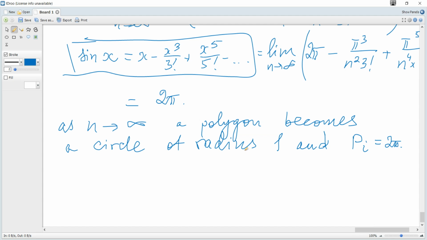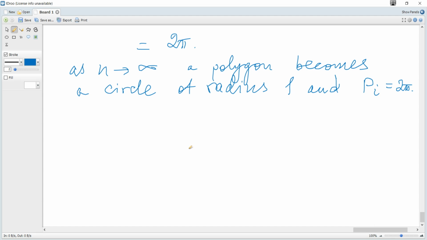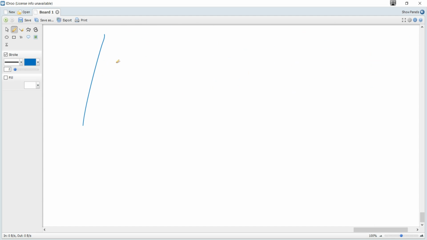The next, consider an equilateral triangle ABC of side lengths x units circumscribed about the circle of radius 1 unit and center O as shown in the following diagram. So now we should consider an equilateral triangle and a circle inside.